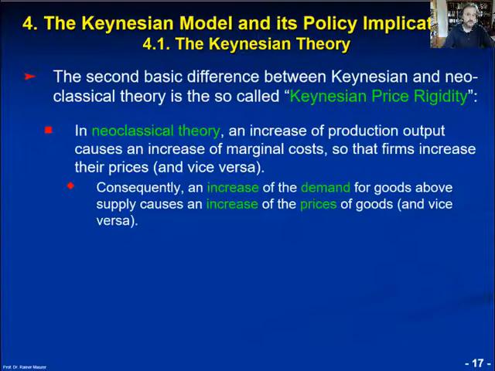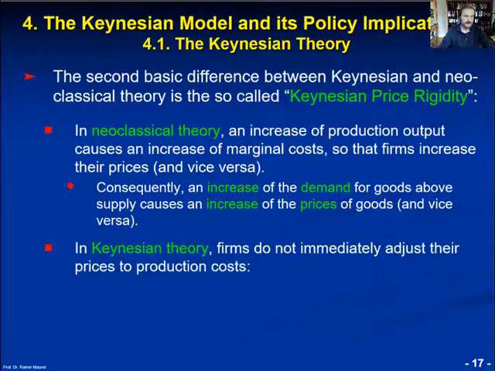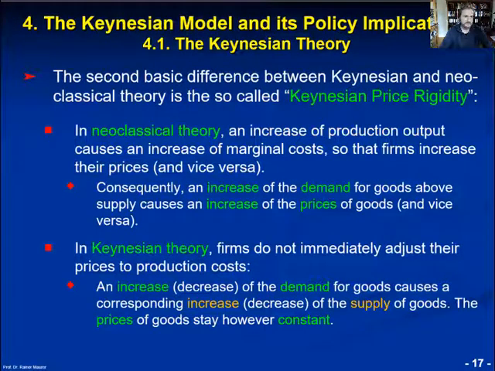Consequently, an increase of the demand for goods above supply causes an increase of the prices of goods and vice versa. In Keynesian theory, firms do not immediately adjust their prices to production costs. An increase of the demand for goods causes a corresponding increase of the supply of goods. The prices of goods stay, however, constant.